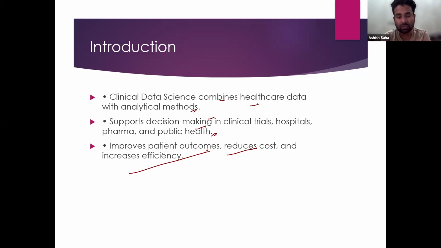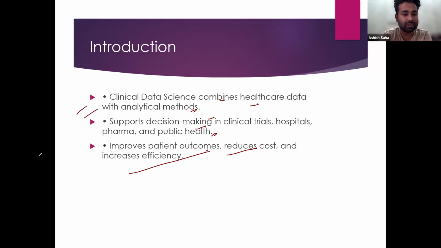It also helps reduce cost, because suppose we have an AI model that helps me know what type of disease the person has. If my AI model works well, I can keep it in my healthcare industry, which reduces manpower work and helps doctors reduce their workload. So in that way, data science can help in the clinical data field.